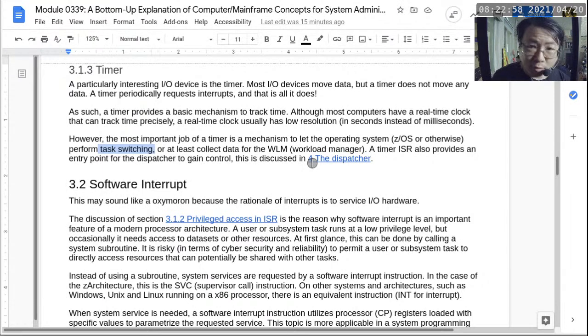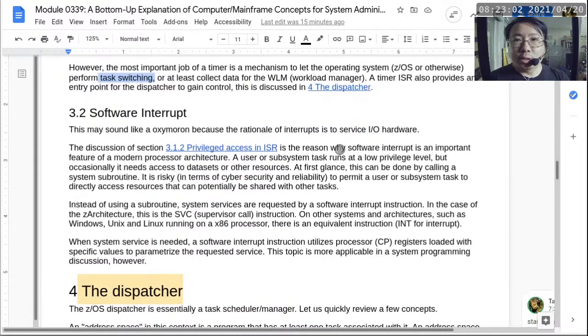All right, we are moving on to section 3.2. So section 3.2 talks about a mechanism called a software interrupt. A software interrupt refers to the mechanism of that instruction, and SVC, supervisor call, refers to what it is used for.